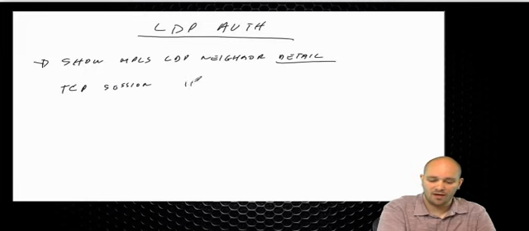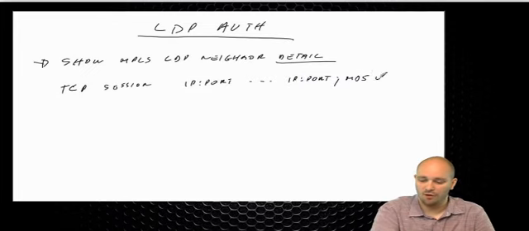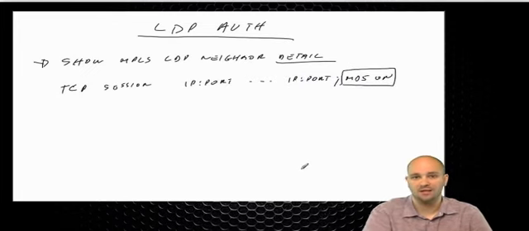You will have IP address port, and then another IP address port, and then MD5 on. This MD5 on is what you are looking for. This will tell you that MD5 is actually operational on this session between these two neighbors.